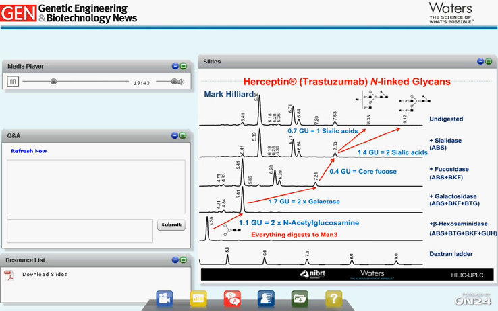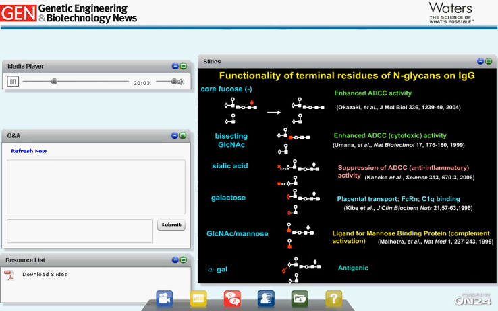Now, the reason that everyone's so interested in terminal residues on N-glycans on IgG is because most of them now are known to have some function in modulating the effector function of the IgG molecule. So if you have IgG sugars which are lacking fucose, you can encourage ADCC activity. It's decreased by 50% if you put a fucose in the core. So if you want ADCC, you're very keen to avoid having core fucose.